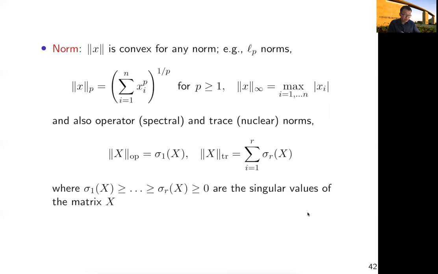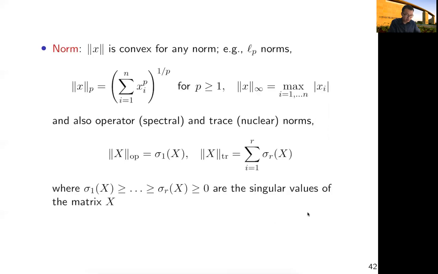That gives you a norm, and for any p greater than or equal to 1, this function is a convex function. You can check this easily by the definition and by the triangle inequality in the definition of norms. In fact, any norms are convex functions.